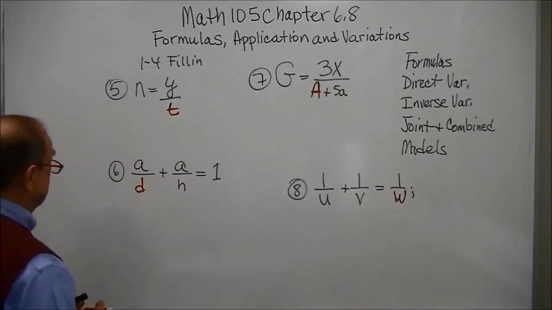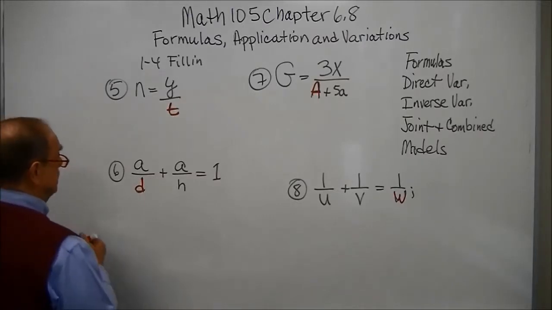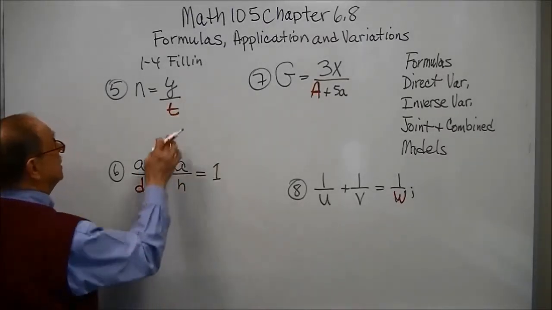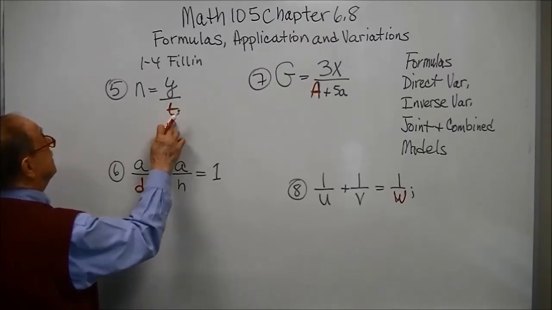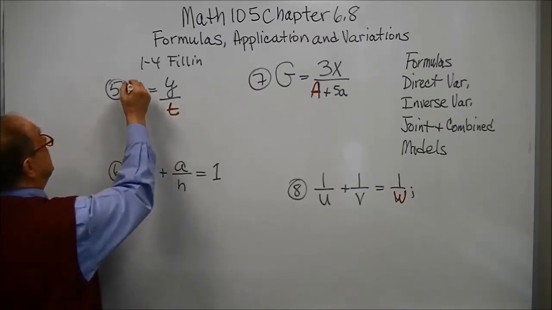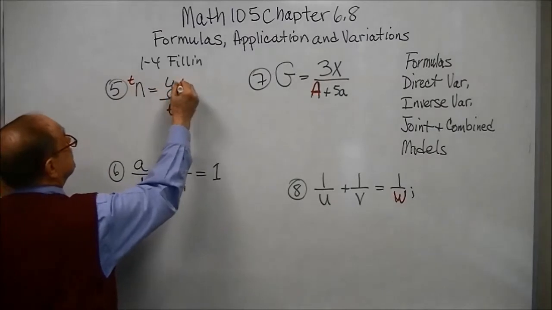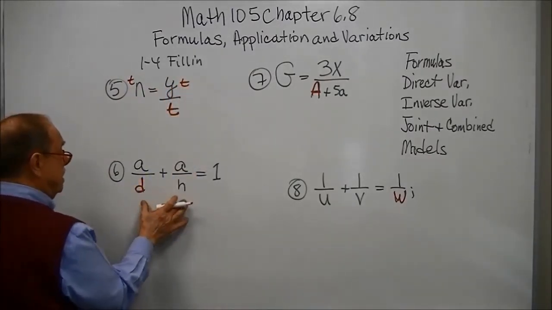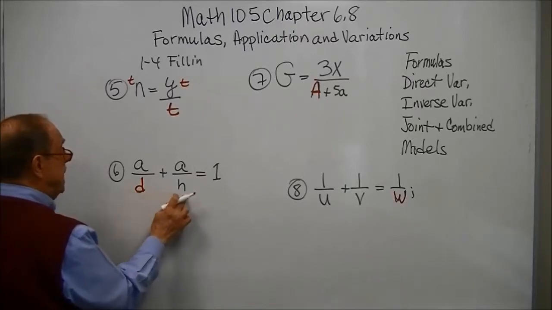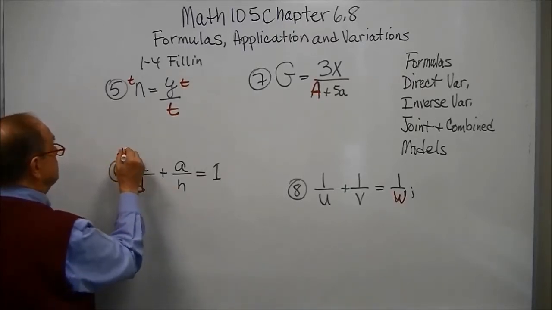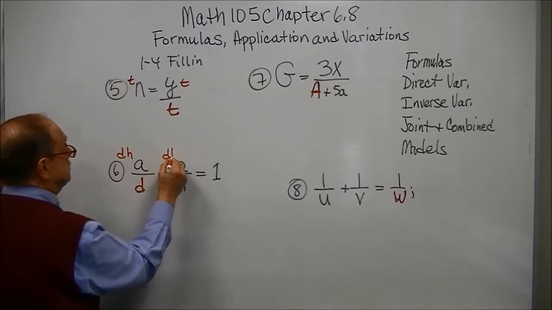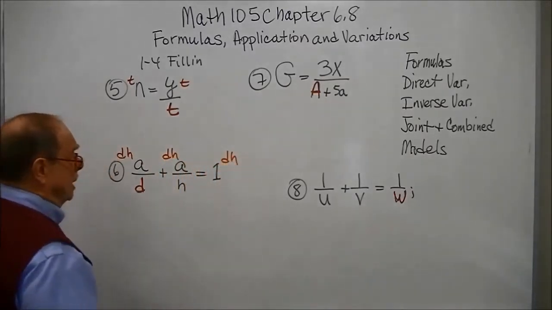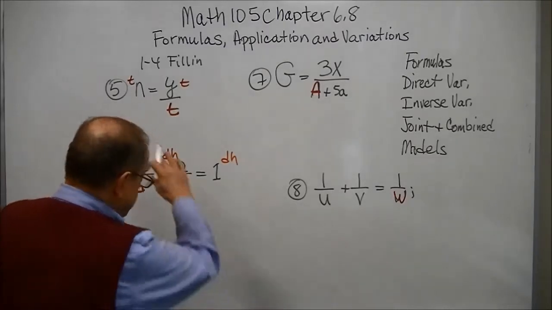We're going to do so by multiplying each term, and these all have fractions, by the lowest common denominator, which happens to be T here. And here our lowest common denominator is DH. And we'll do these first.